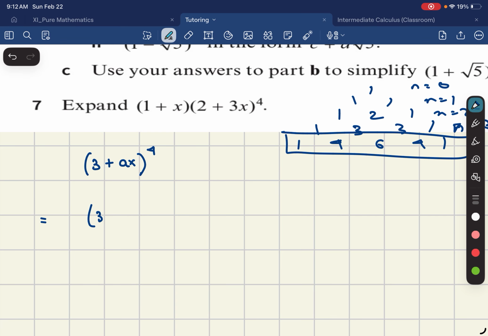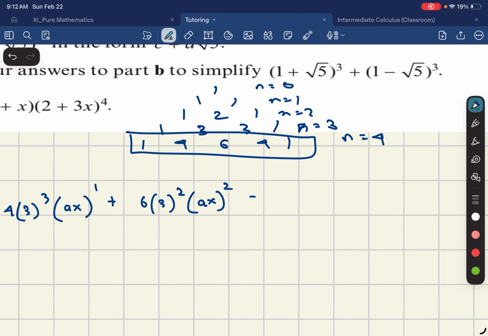You get 3 to the power 4 plus 4, 3 cubed ax, plus 6, 3 squared ax squared, plus 4, 3 ax cubed plus ax to the power 4.